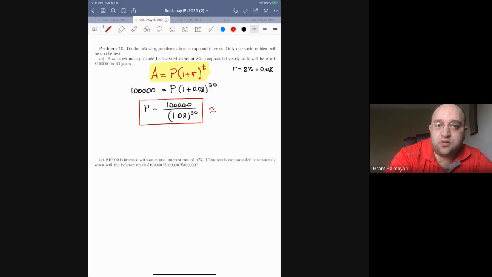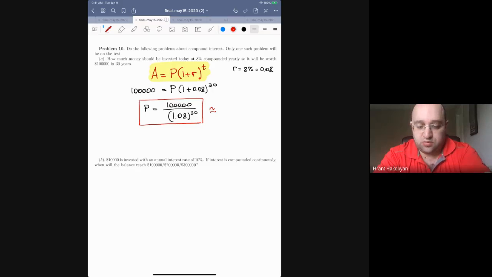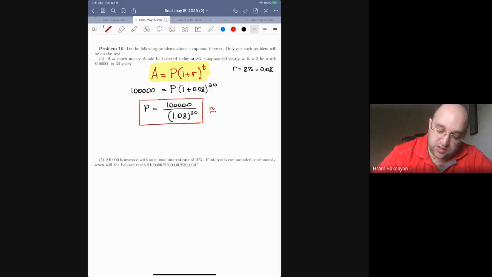So it's going to be 100,000 divided by 1.08 to the power 30. Okay, so that's approximately $9,937, or 38.